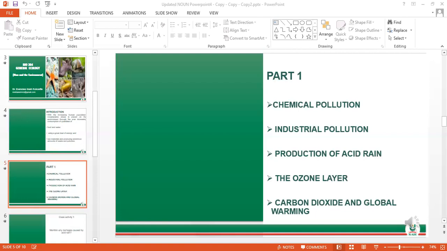Ozone is only present in a concentration of a few parts per million or less in the Earth's stratosphere, between 15 to 50 kilometers above the surface of the Earth.